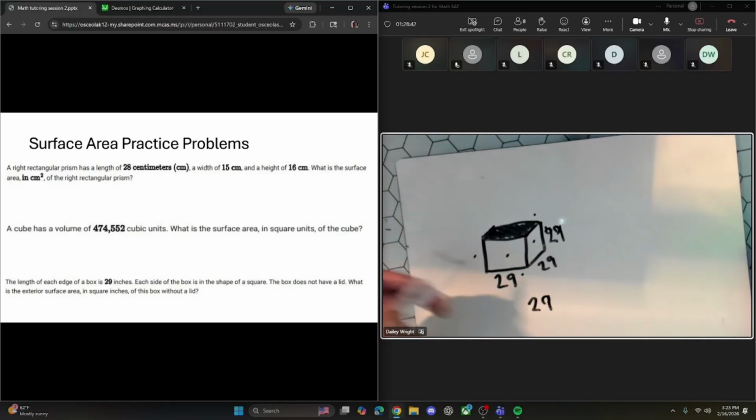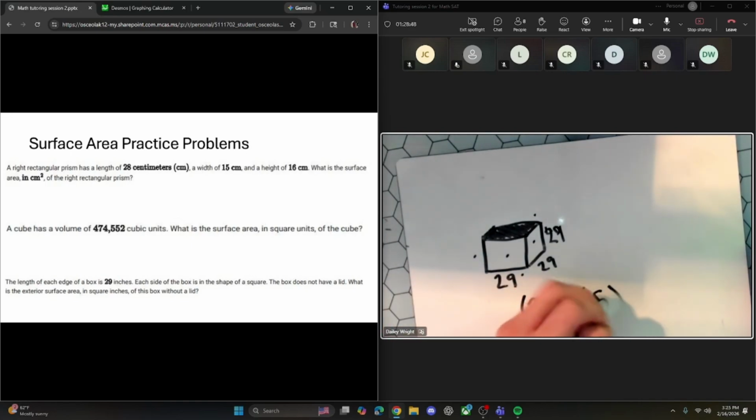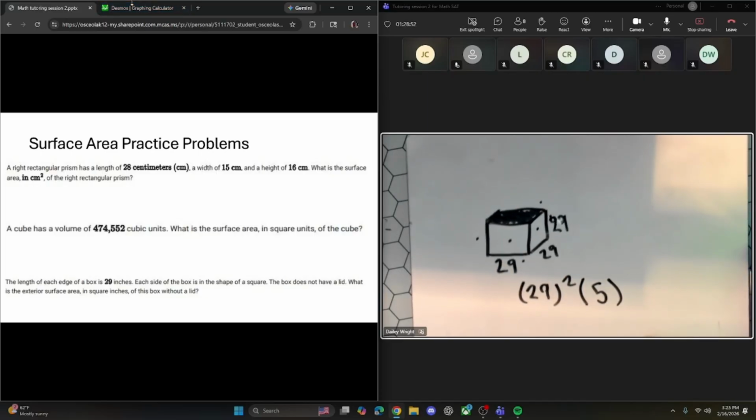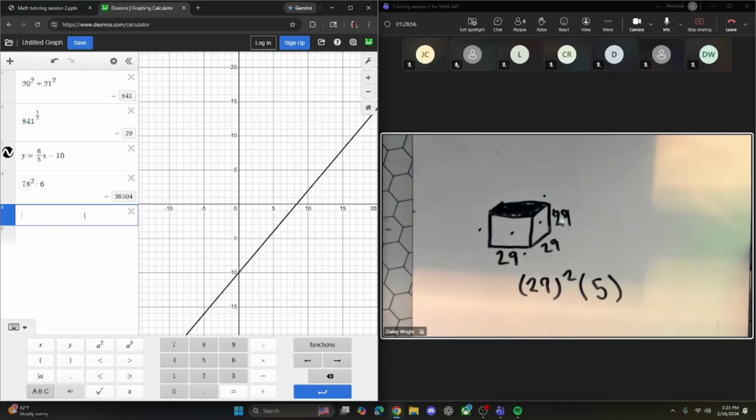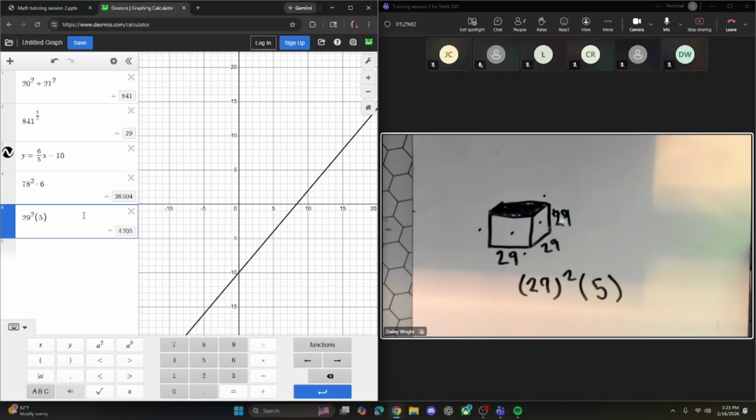So the area of one of these sides is 29 times 29, which would be 29 squared. Multiply that by 5, and that will give you your exterior surface area, which would be 4,205.